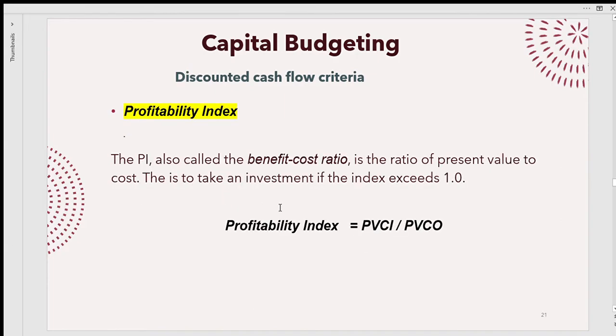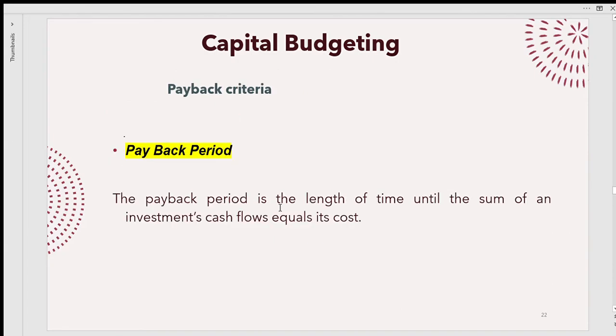Profitability index is a benefit-cost ratio with a simple formula: present value of cash inflow divided by present value of cash outflows. When it exceeds one, you go for the project under the profitability index technique. Next, payback period.